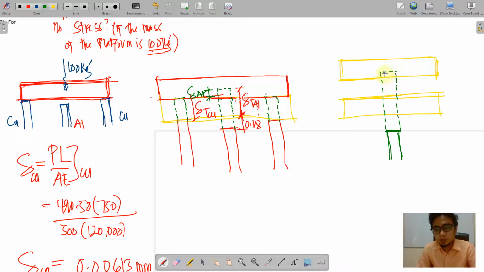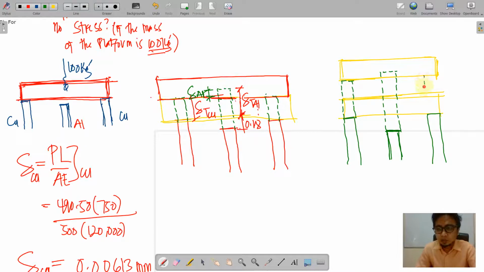So the indication of this insertion is that the central rod begins to push this upwards, so that the aluminum rod will be the only rod to carry this platform. And then the two rods attached outside will also elongate by temperature.